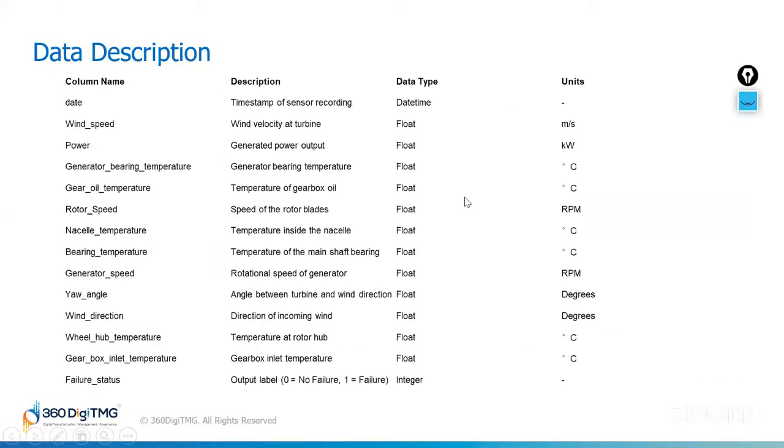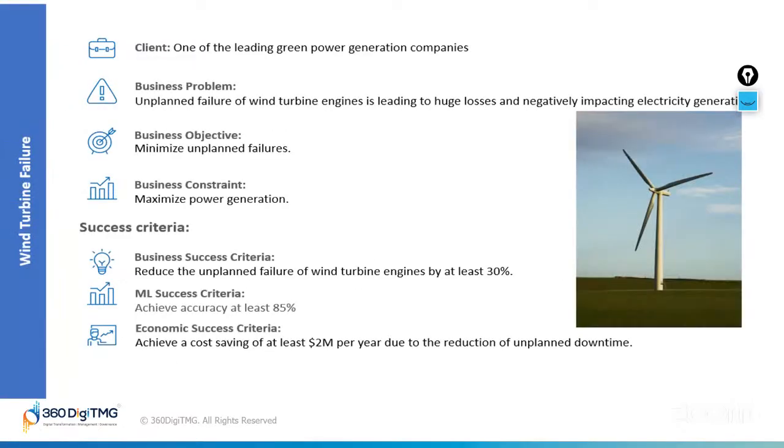So here, as you all know, wind turbines can fail in multiple ways. Wind turbine failures can occur in multiple modes, for example gearbox wear or damage to the blades. It can happen because of cracks in these blades.